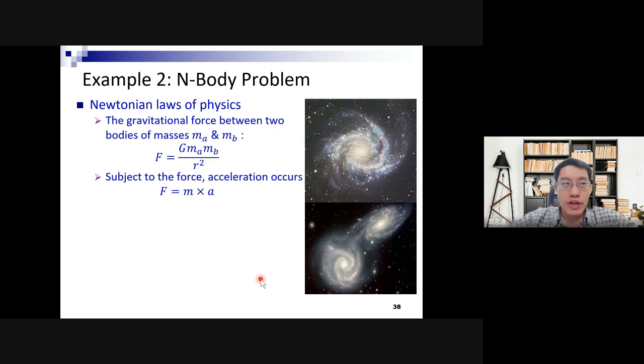As we learned in high school, the reason those planets move is because of gravity, which generates force. And I think we all know this famous equation. As long as your object has some mass, then depending on the distance, it will generate some force between those two objects. And the force will generate your acceleration.